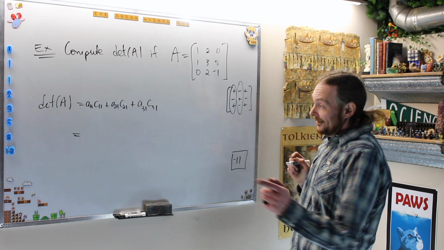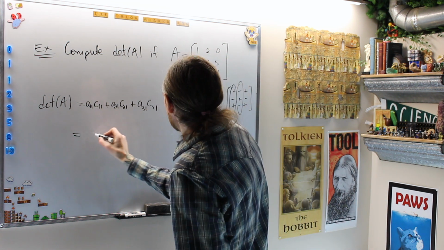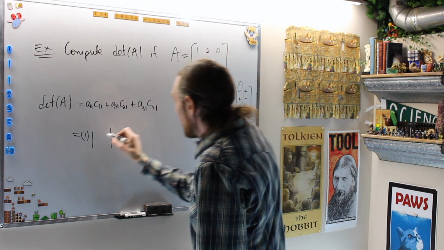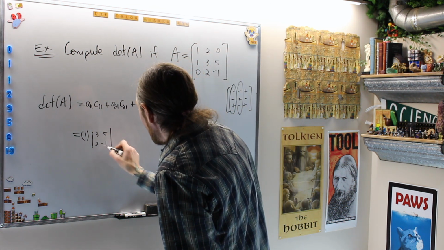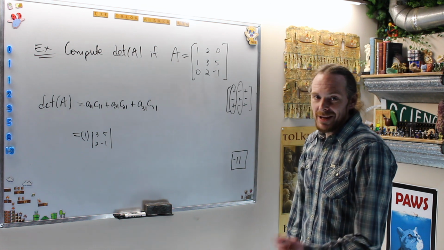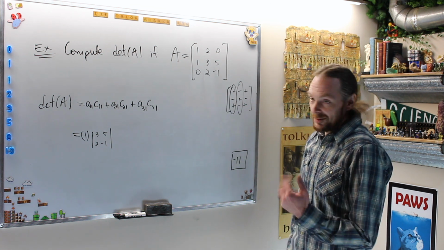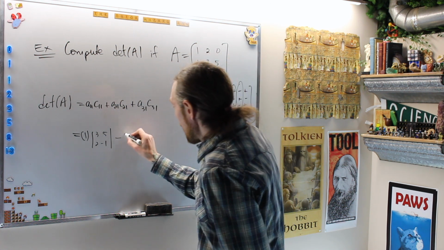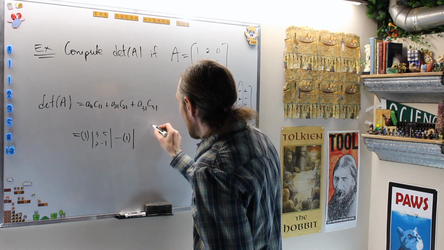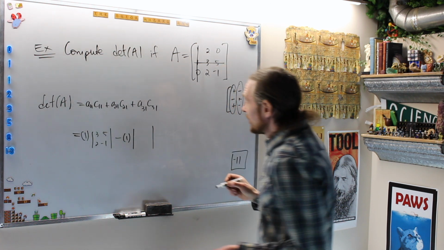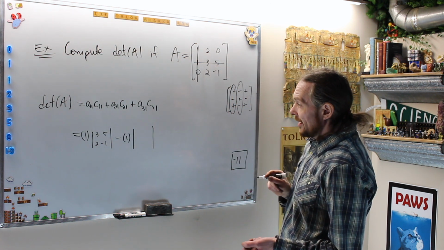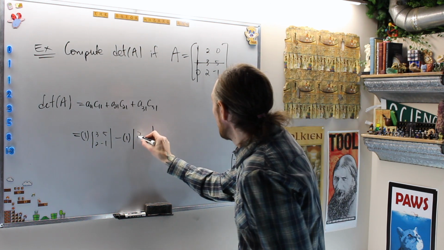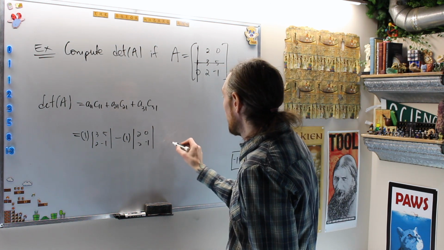So A11 is the same, 1 times C11, which is the same. I block off row 1 and column 1: 3, 5, 2, negative 1. Also, when you're doing this, you sometimes have to compute the same cofactors, so maybe keep them around. Minus A21, which is 1, times the minor with column 1 and row 2 blocked off, which is 2, 0, 2, negative 1.